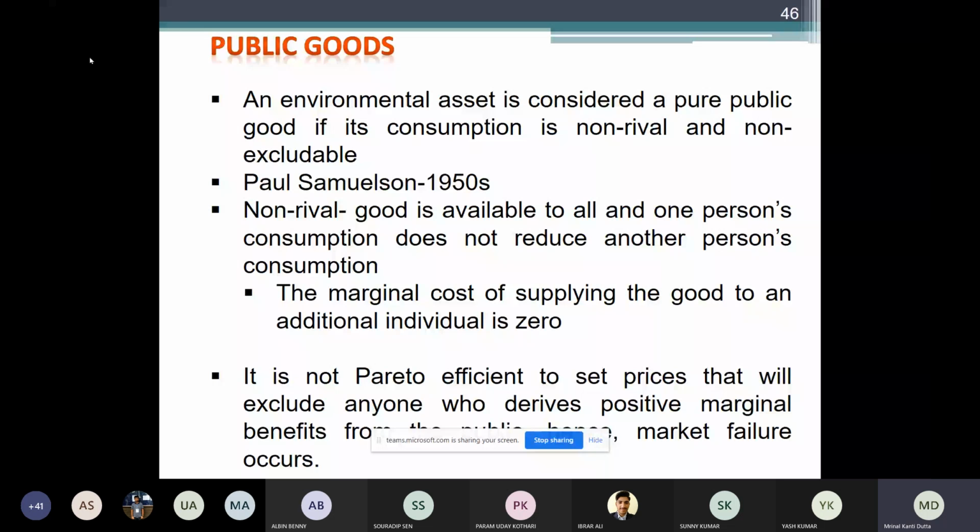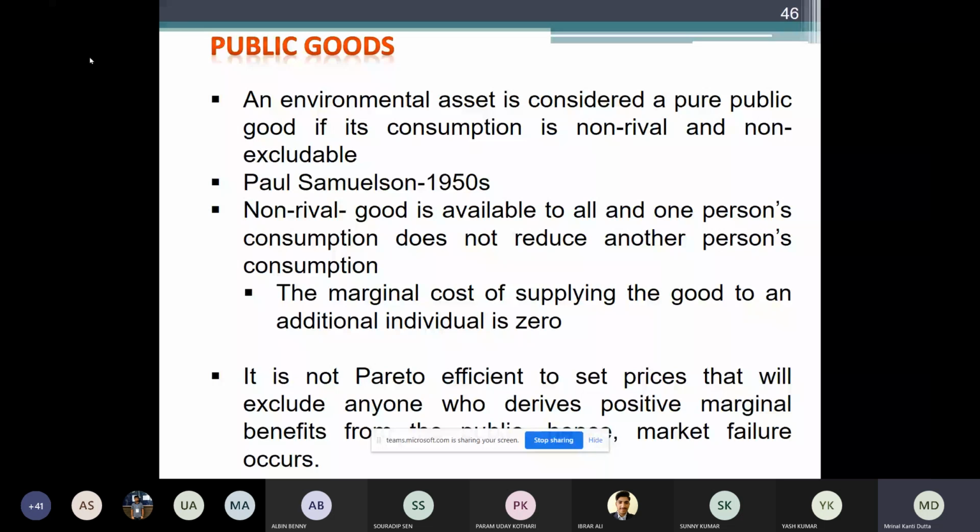In the case of non-excludability, already we have discussed it. So if there is a possibility of excluding somebody from making use of the resource, then it is a kind of excludable resource. And if it's extremely costly or difficult to exclude somebody from making use of the resource, then it is non-excludable. In the case of a road, if it is built already, the additional cost of providing the road to another person will be zero. In essence, you can say that the marginal cost of supplying the good to an additional individual, because you do not have to again create it, no?